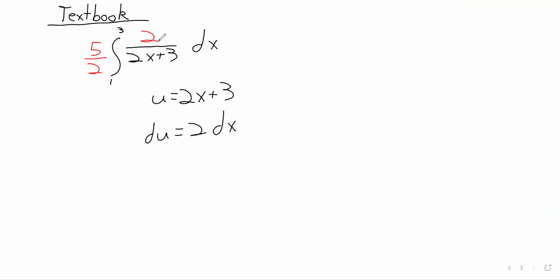And now I say, or rather, I don't say this is an error. Okay, so we've got 5. We're going from 1 to 3. We can do the u substitution now.